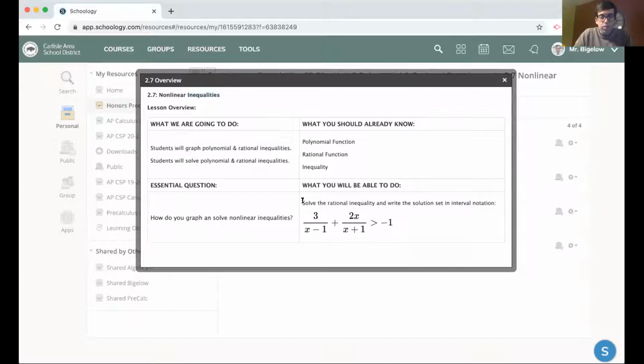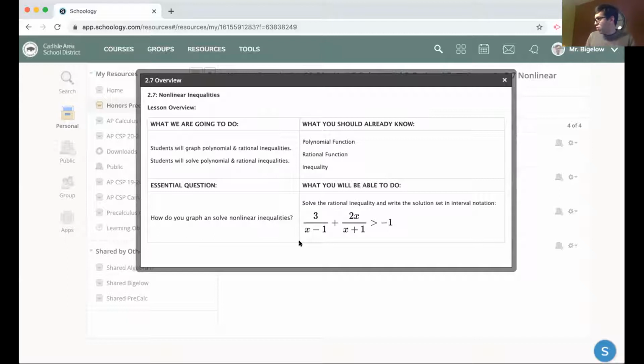So down here in what you'll be able to do, here's an example of the type of inequality that we'll be able to solve by the end of this lesson. And your answer is not just going to be x equals a number. It's going to be a series of numbers that make the statement true. You might write x is less than 3, or you might write it in interval notation, the series of results.